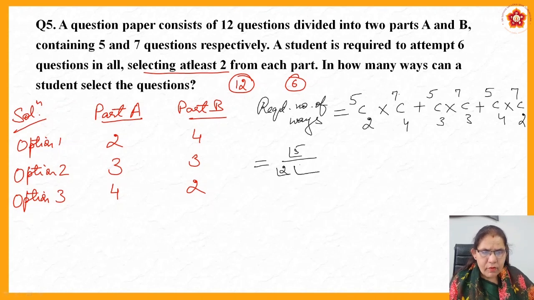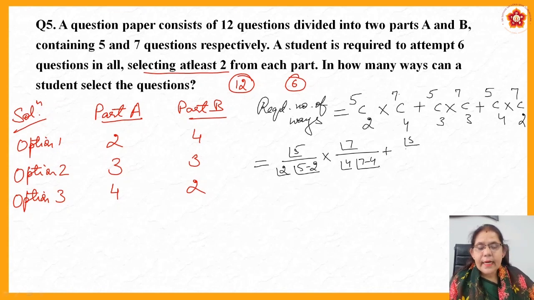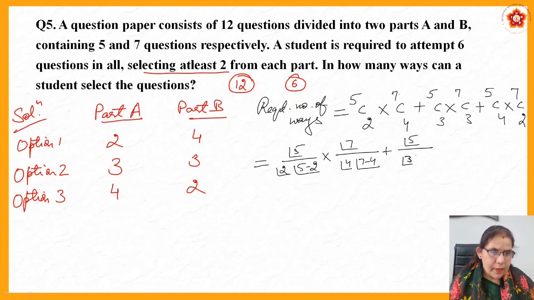5C2 is factorial 5 upon factorial 2 into factorial 5 minus 2, multiplied by 7C4, which is factorial 7 upon factorial 4 into factorial 7 minus 4. Then second term we have 5C3, it will be factorial 5 upon factorial 3 into factorial 5 minus 3.